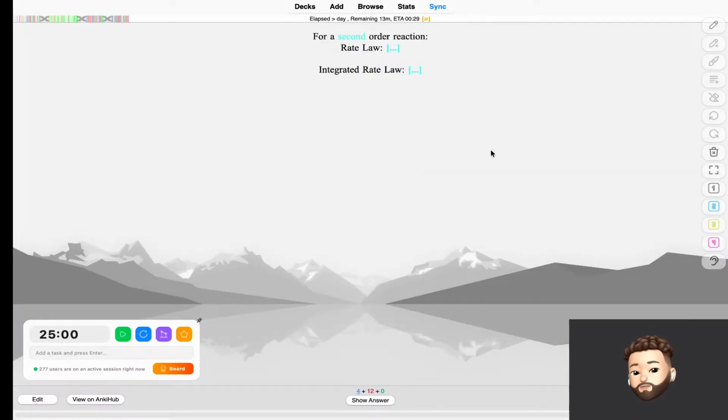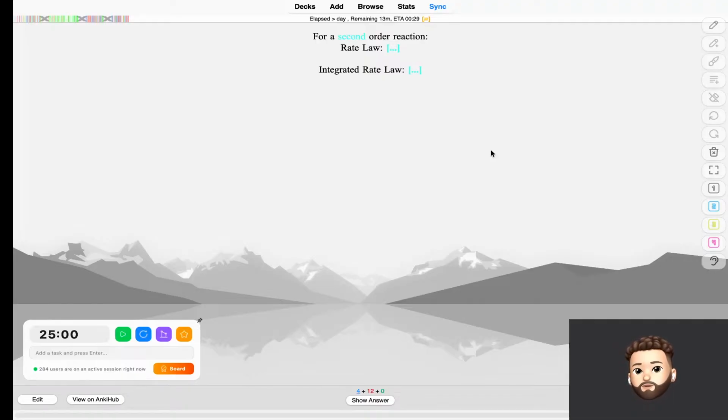For a second order reaction, it's going to be rate is equal to k A squared or rate is equal to k A times B, and the integrated rate law is going to be the same thing.